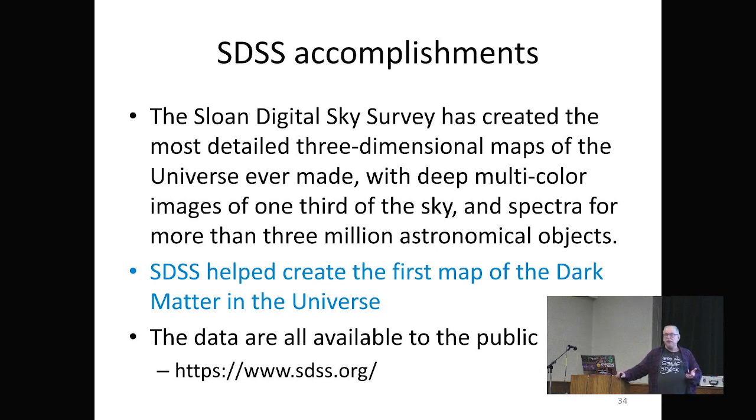They have continued to work since 1999, if I'm not mistaken, when first light happened in the first telescope. They've continued to take data. All of the data is available online at sdss.org. It's all free. You can look at any image of the sky at any time of the year when they had that image. It's amazing.